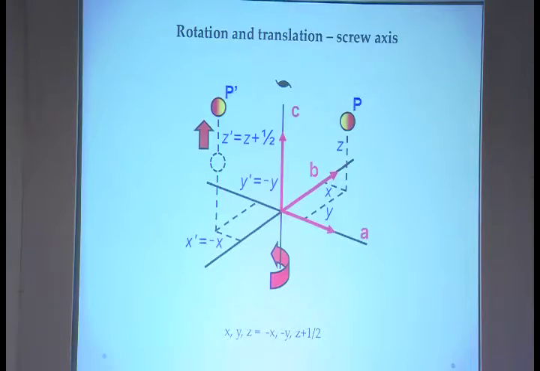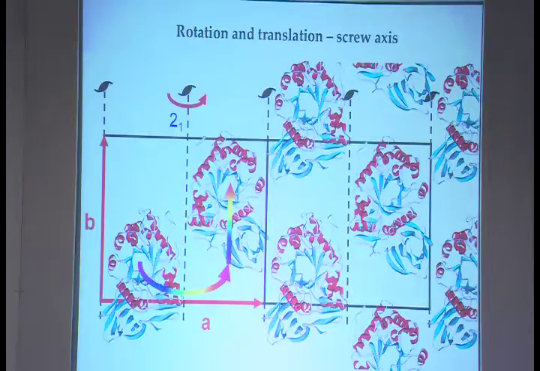If you have x, y, and z, then by doing a roto-translation or generating a screw axis along the z-axis, and translating your molecule also along the z-axis, you have minus x, minus y, and z plus half as your new molecule position.